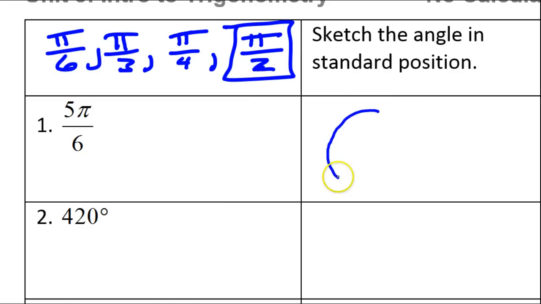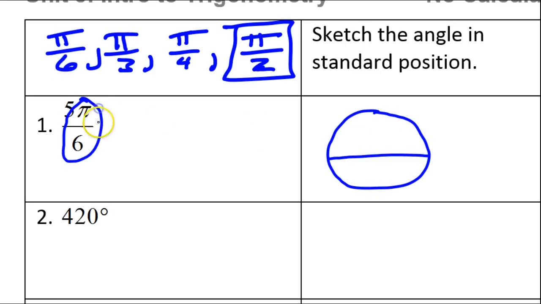So if here's my circle, then if I make a semicircle, the top half is pi radians. If I want pi over 6, 1/6 pi, then I'm going to have to divide the top half into 6 pieces.